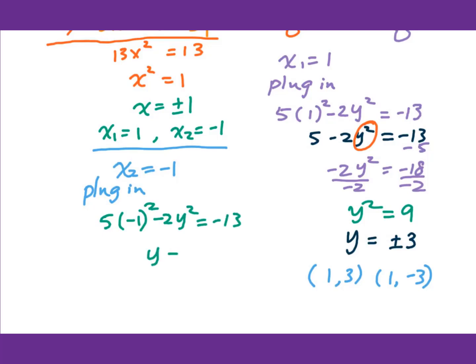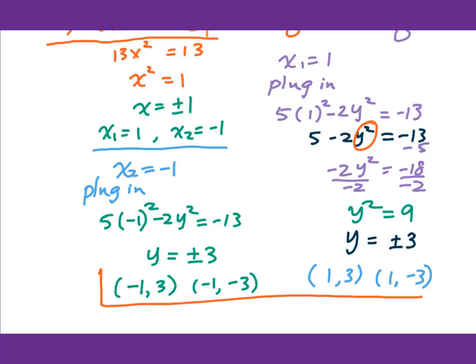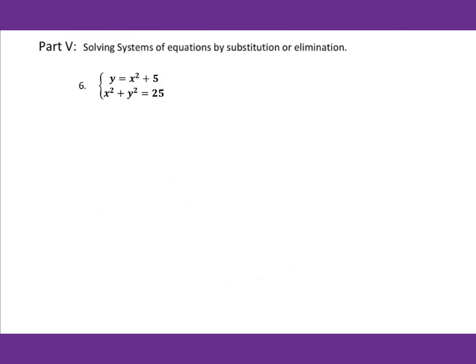Then we will get y equals plus or minus 3, which means we have (-1, 3) and (-1, -3) as the solutions. In other words, we will have 4 solutions to this nonlinear system of equations.